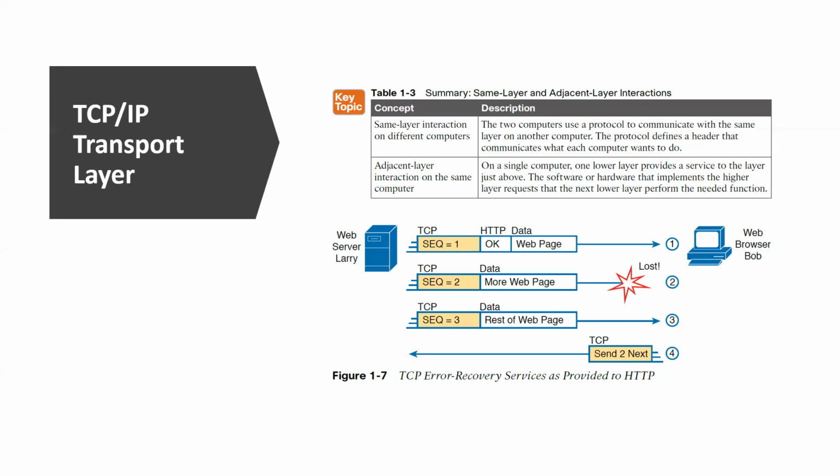We were talking about encapsulation and de-encapsulation. Before every host, every PC, puts something on the wire, it has to go through a process to say it's ready to be sent out. It's similar to writing a letter to your grandmother.